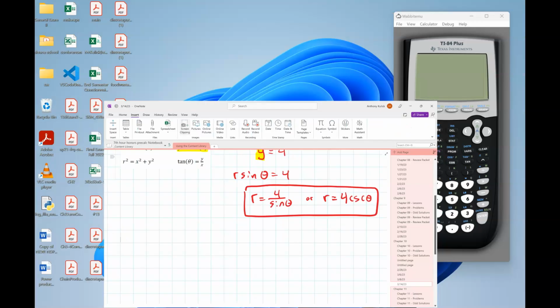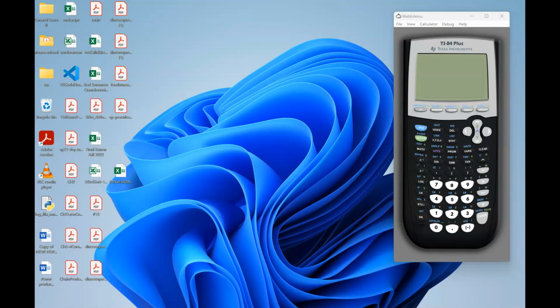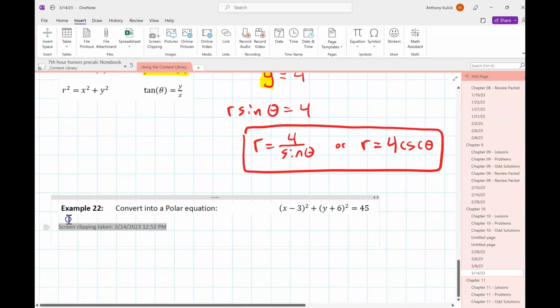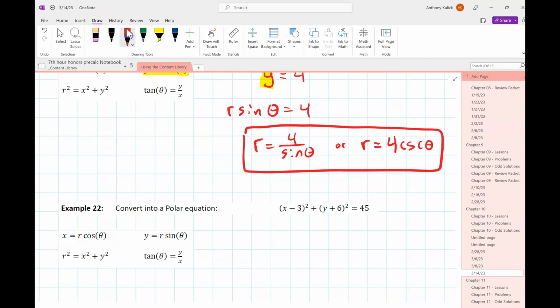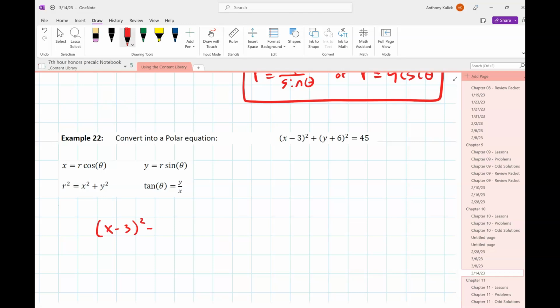What if we give you something like this? X minus 3 squared plus y plus 6 squared equals 45. What are we going to do with that?